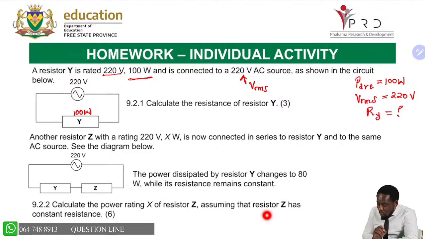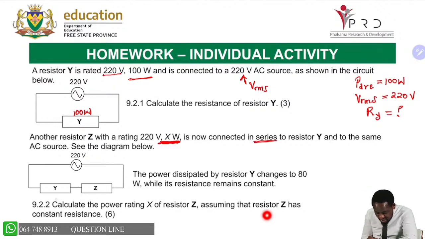Okay, straightforward. Y is the only component connected to this AC source. Then it goes further and says another resistor Z with the same rating, but unknown watts, which is the average power rating, X, is now connected in series. So what does that mean?